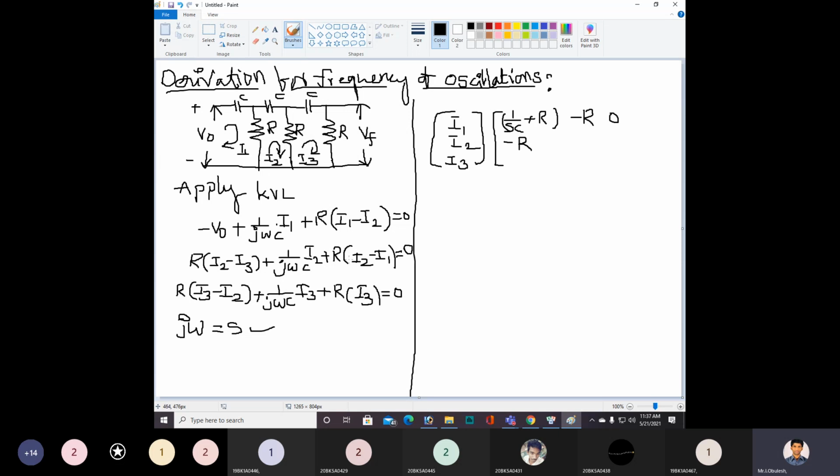So 2R plus 1 by SC. For the last one, we have minus R. The next, 0 minus R, 2R plus 1 by SC, that equals to V naught 0 0.